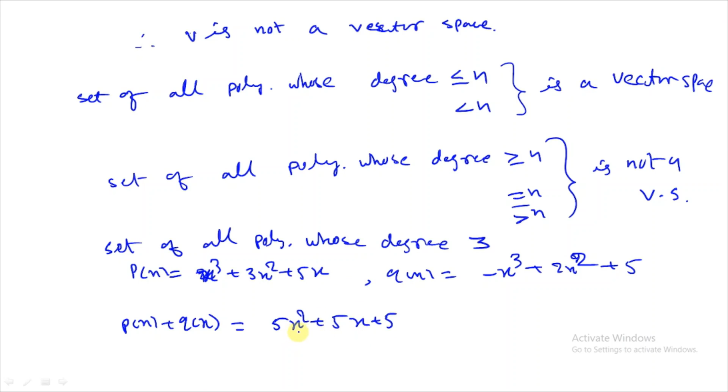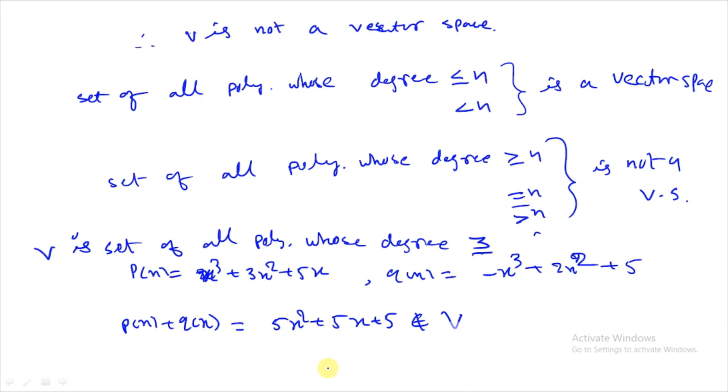What is the degree of this one? In the vector space V, every polynomial has degree 3. But the degree of this one is 2, so it does not belong to V. Suppose V is the set of all polynomials whose degree is 3, but this polynomial has degree 2.